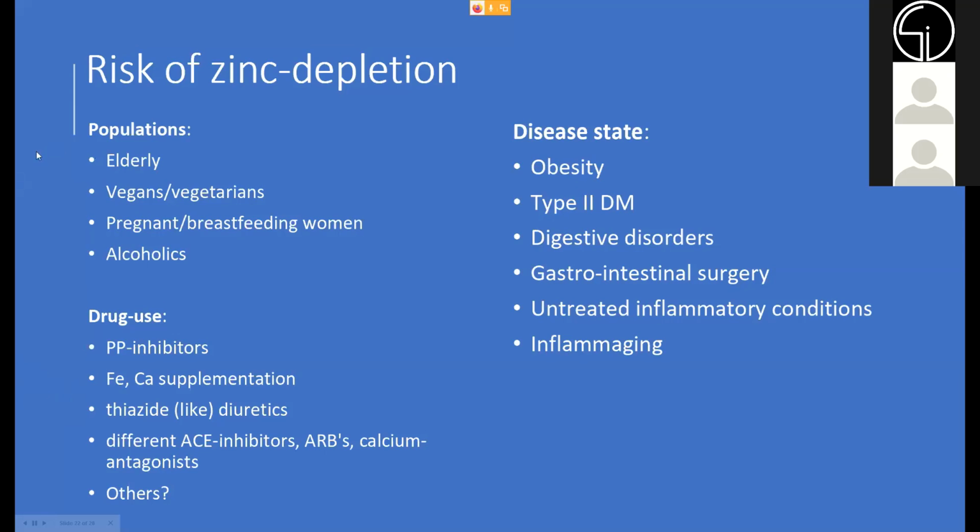And then there are different disease states like overweight, type 2 diabetes, digestive disorders, gastrointestinal surgery, and untreated inflammatory conditions. And inflammaging is the situation of a low-grade inflammation in the body going on when we get older, and it is especially going on in patients with obesity and type 2 diabetes and others at risk for chronic diseases.